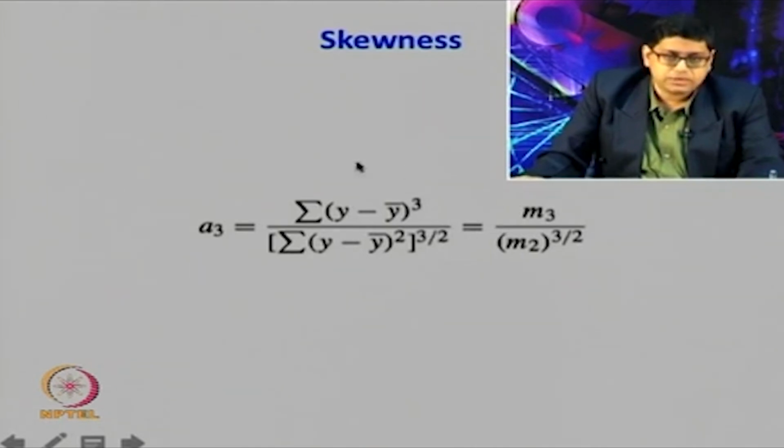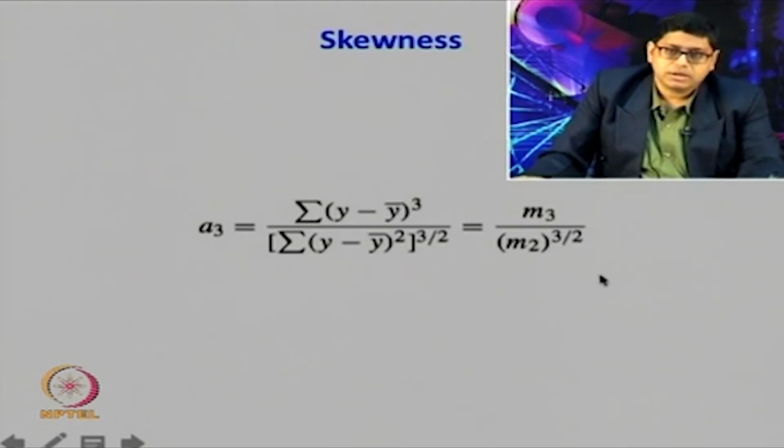So, a3 is one such measure. It is defined as summation of y minus y bar whole cubed by summation of y minus y bar whole square whole to the power 3 by 2. This is nothing but m3 by m2 whole to the power 3 by 2, which is of course unitless, as you can see from the definition.